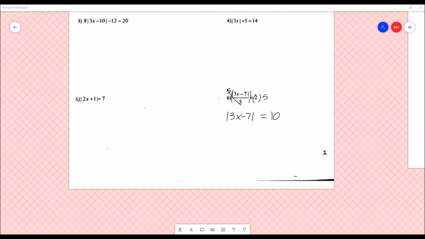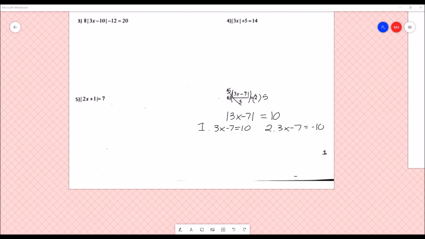Once again, I'm at my absolute value. I have to write my 2 equations. So equation number 1, 3x minus 7 equals positive 10. Equation number 2, 3x minus 7 equals negative 10. Still got to solve both of them and figure out what my x's are.